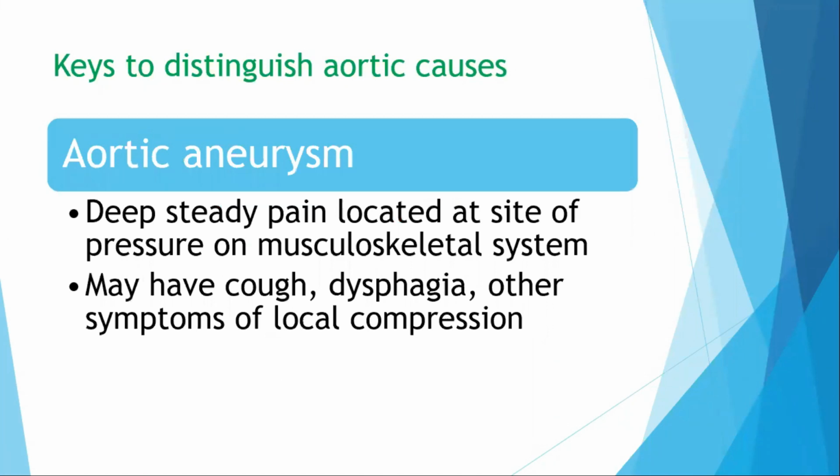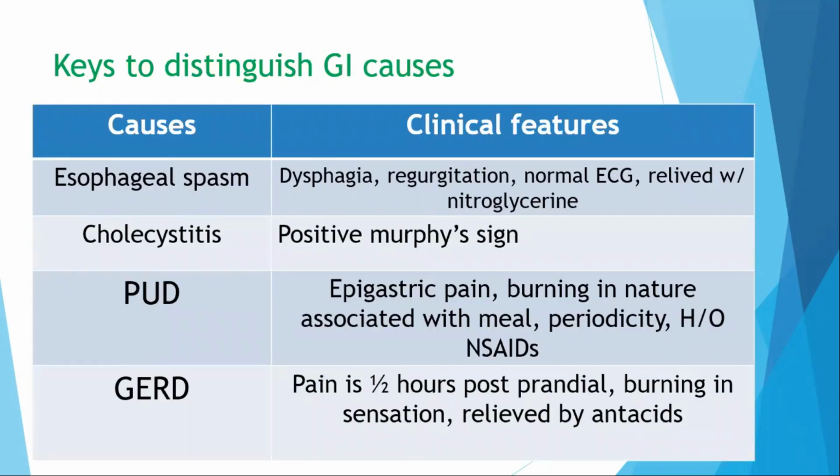Aortic aneurysm: deep steady pain located at the site of pressure on the musculoskeletal system, may have cough, dysphagia, other symptoms of local compression. GIT causes include esophageal spasm. By clinical features, there may be dysphagia, regurgitation, ECG will be normal, relieved with nitroglycerin.